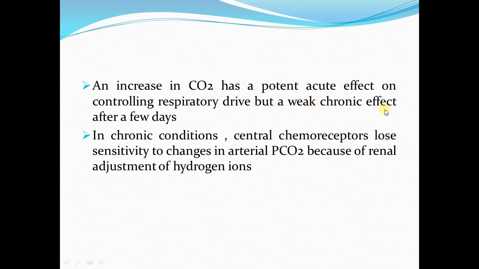A weak chronic effect. This is because in chronic conditions, which means when carbon dioxide is chronically increased in the arterial blood, the central chemoreceptors lose their sensitivity to changes in arterial PCO2. This loss of sensitivity is because of the adjustment of the hydrogen ion concentration in the blood by the kidneys.